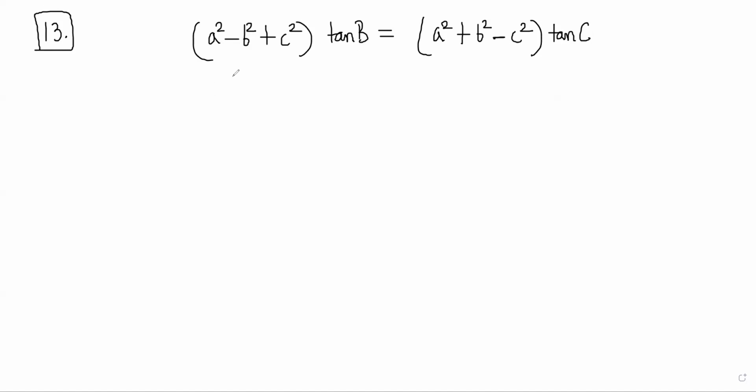It is quite easy if you just focus on the LHS.